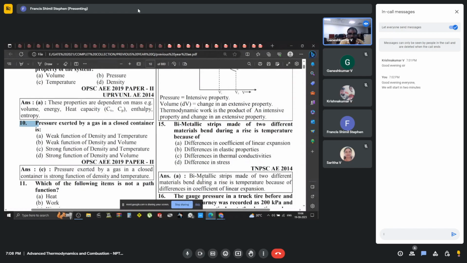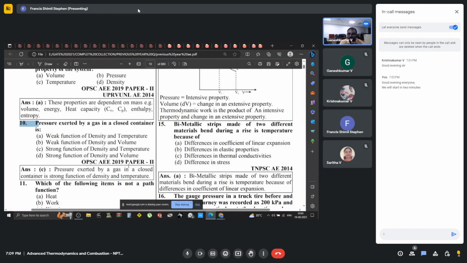So the slope is either not very high or very high. It depends on that. The pressure exerted by a gas in a closed container is actually, so is it related to slope?